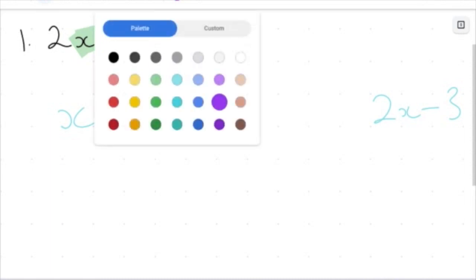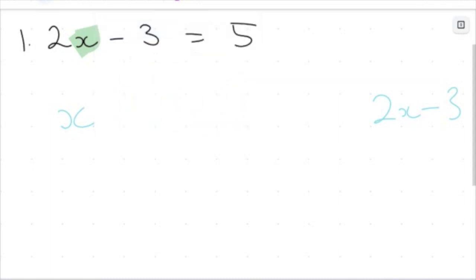Now, to get from x to, say, 2x, what do we do here?